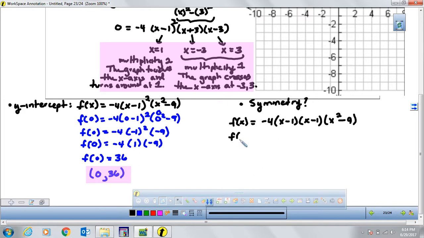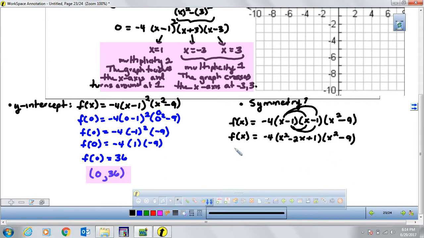So let's multiply the factors really quick. If I multiply these two, x times x is x squared. Then this is going to be a minus 1x and a minus 1x, which is minus 2x. And negative 1 times negative 1 is positive 1. And then times negative 4 times (x squared minus 9).